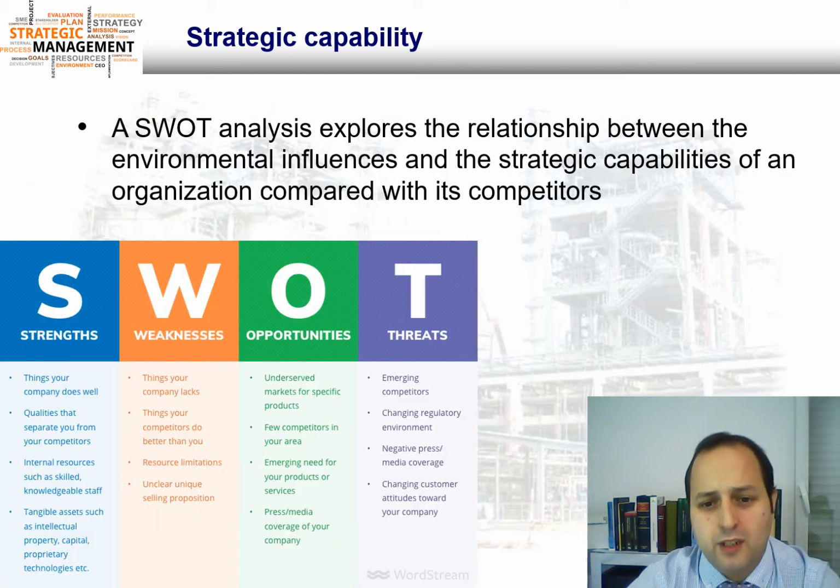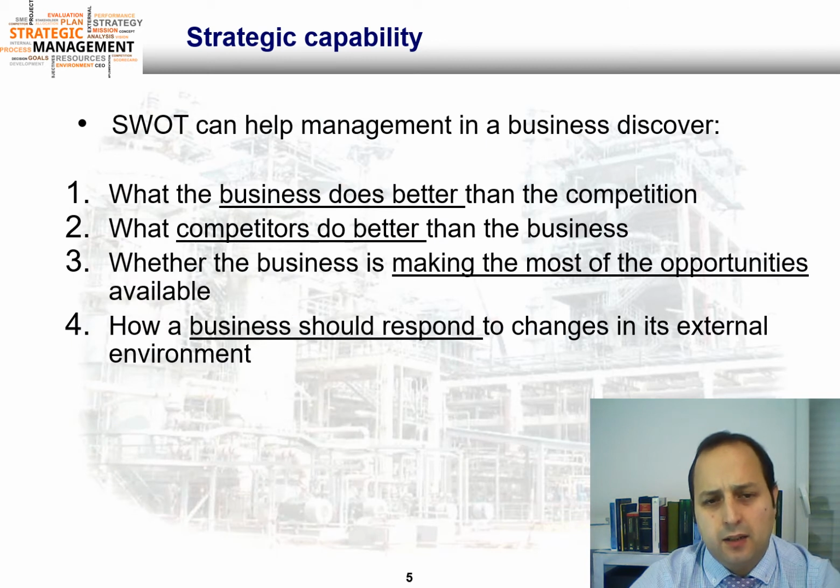We can also say that a SWOT analysis explores the relationship between the environment influences and the strategic capabilities of the organization compared with its competitors, and that's the reason why the SWOT analysis is a very important tool. It is said that the SWOT analysis is useful mainly for these four goals.